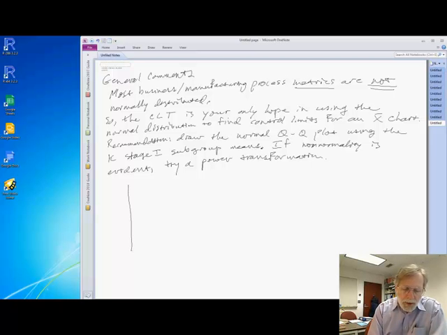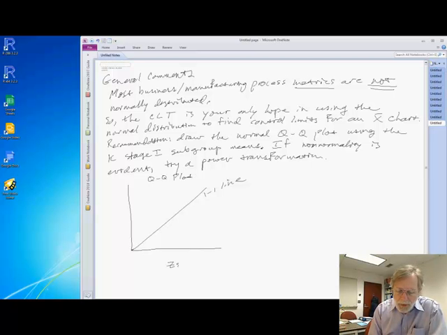So what's going on here? Well, here's a QQ plot. Here are the z-scores, and here is the sorted data.